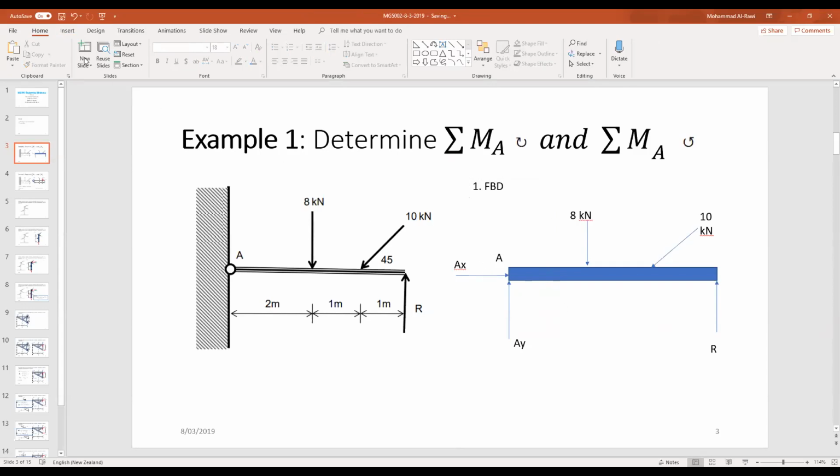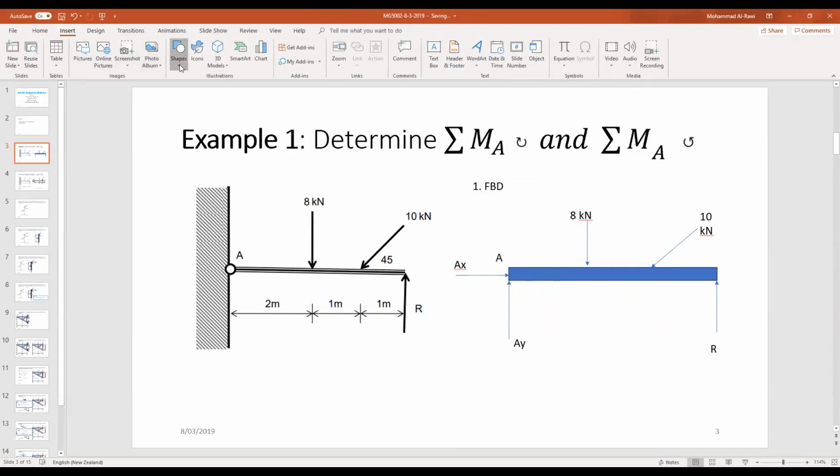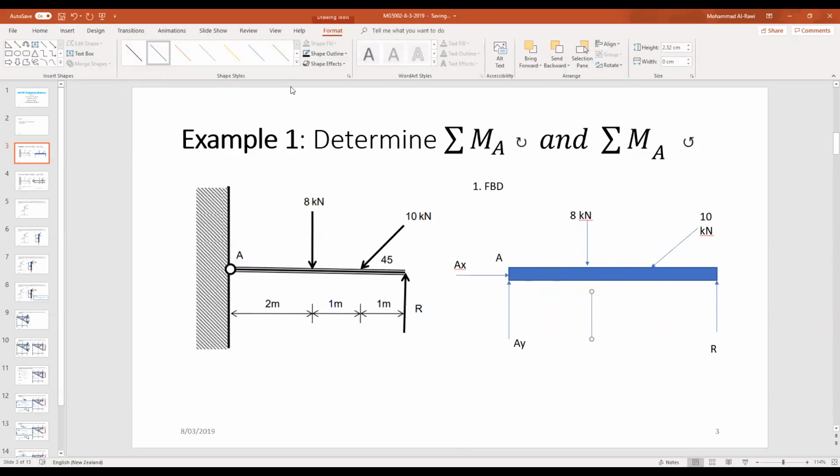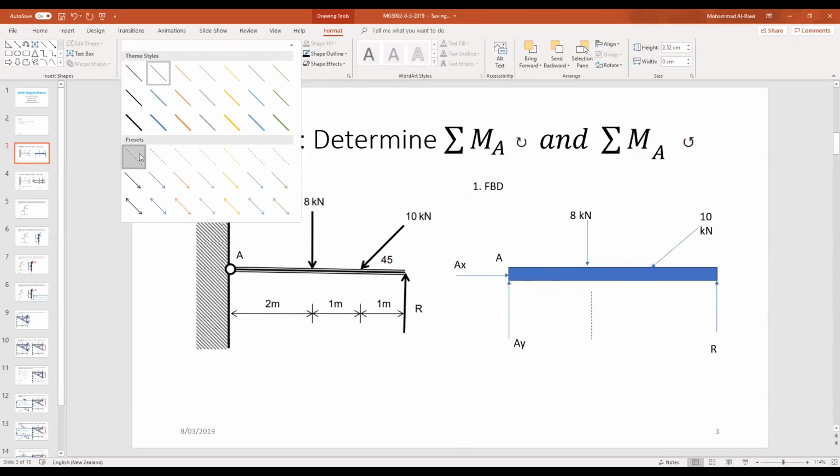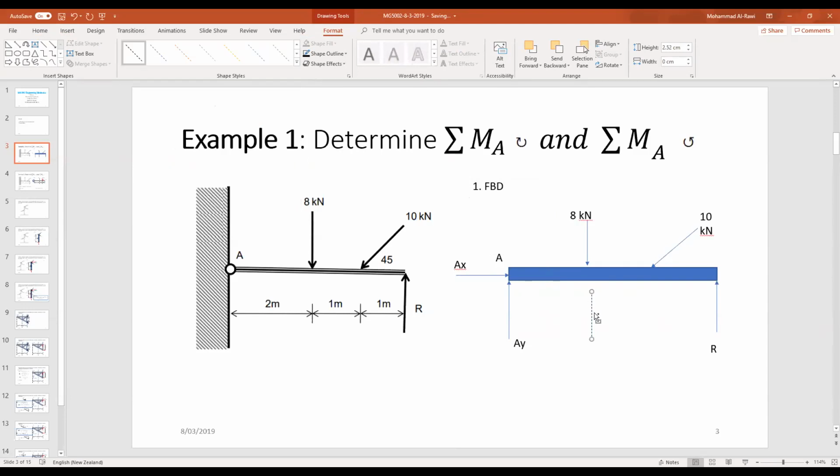Now, a free body diagram is really good and helpful for us to show the dimensions or the distance, and how we can demonstrate where the forces are located. Some people would ask, is it important to show it? I mean, it's good to show it because it will help us to calculate anything.